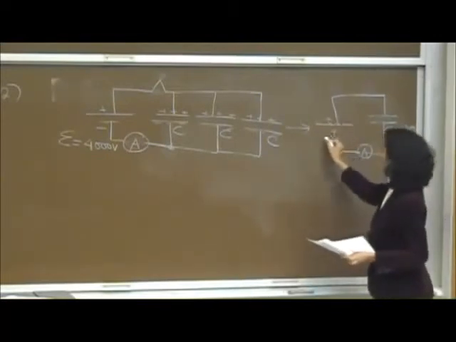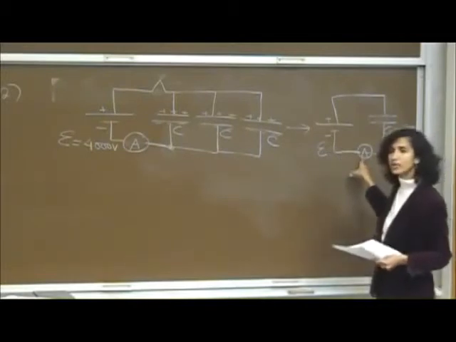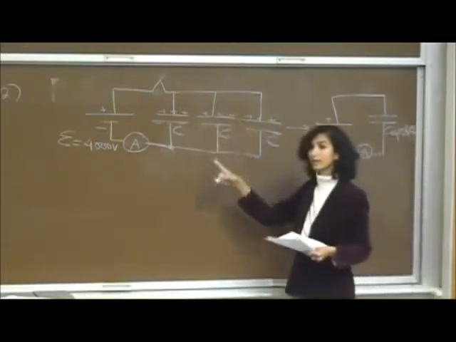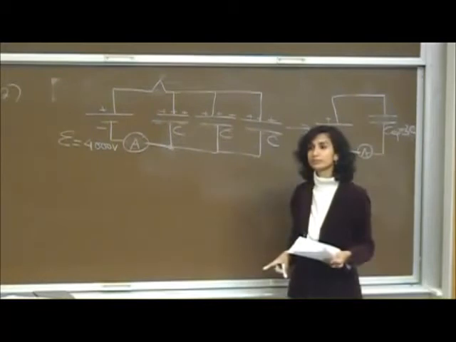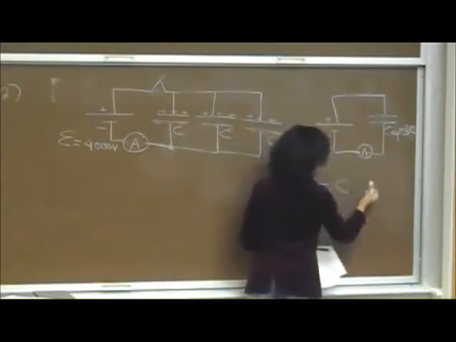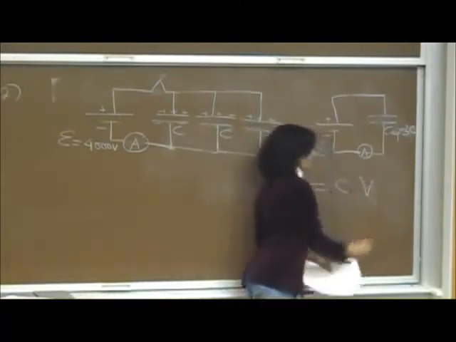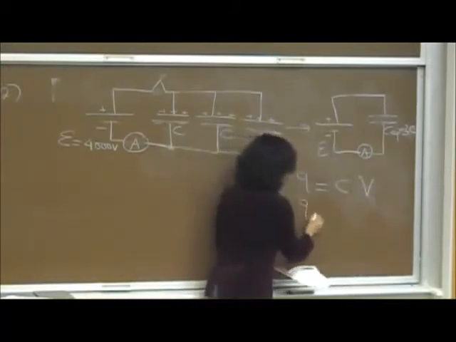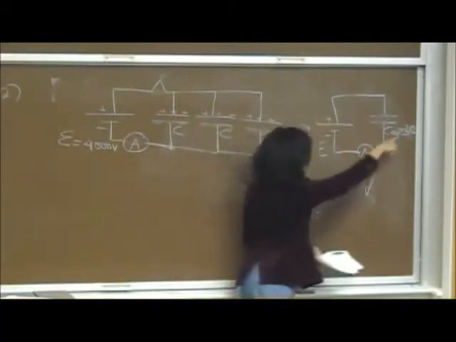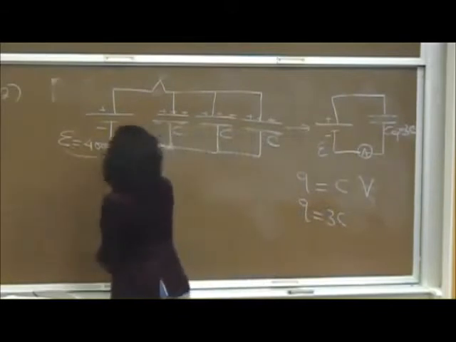So if that's the case, can we easily figure out how much is the charge stored across each of them? How? Remember, Q is equal to C times V. This is V. And so we can say that Q is equal to C, which is 3 times this, times V, which is this.